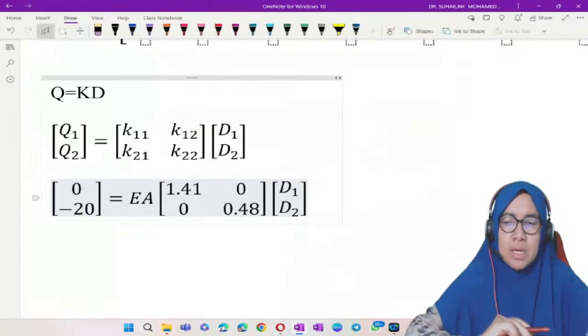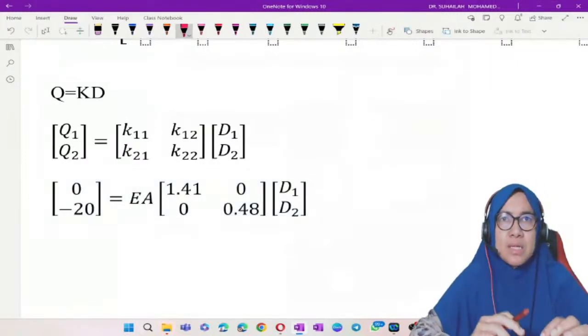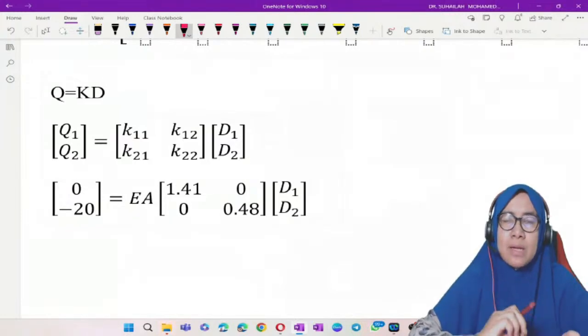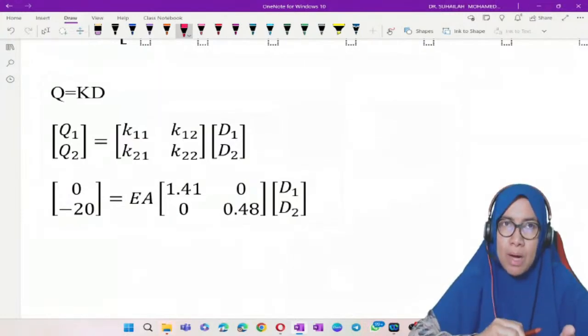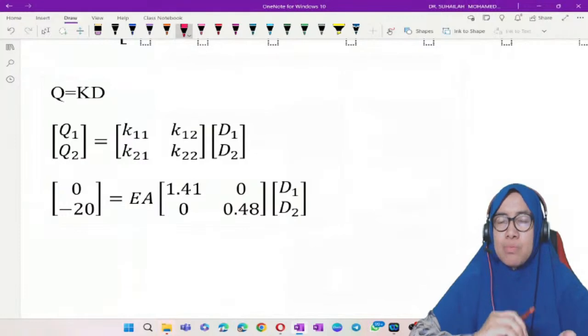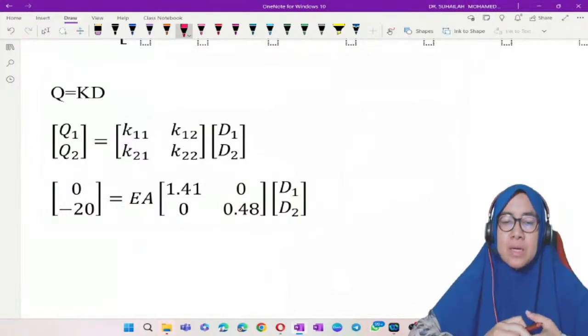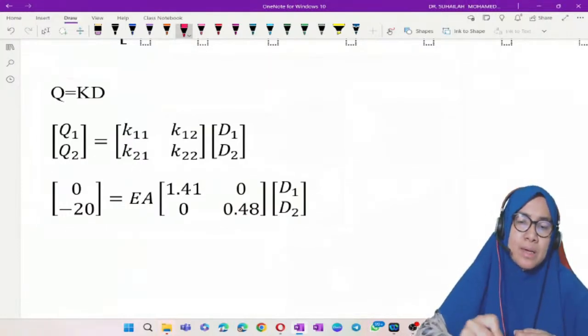What we should do is insert the values of A1, B1, C1, and then A2, B2, C2 into the calculator.